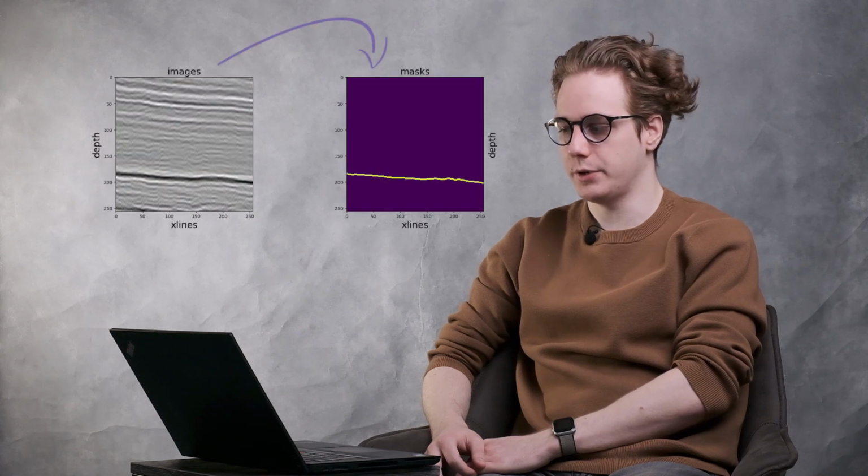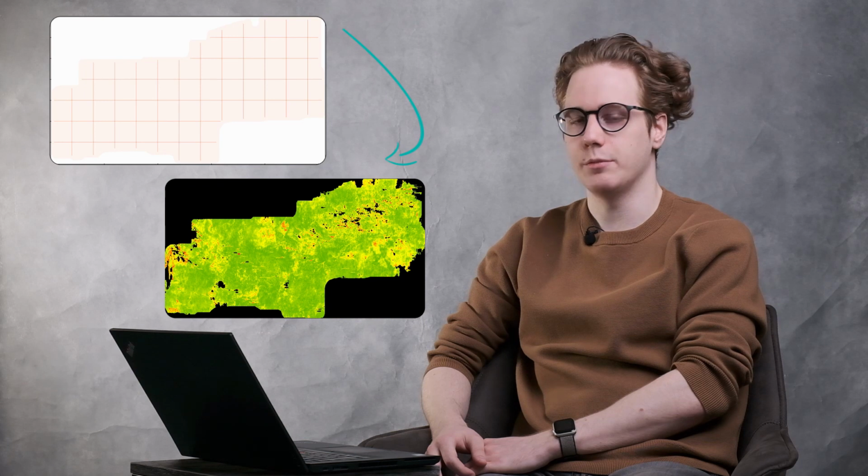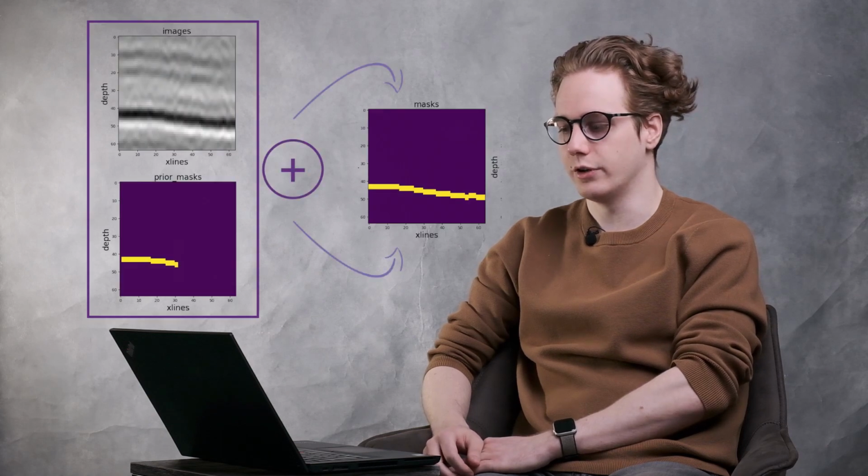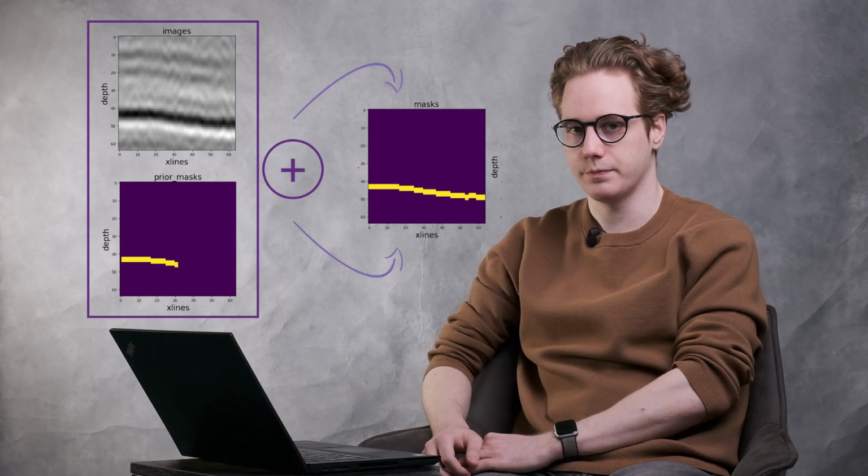By now, we have been able to train a model to locate a particular horizon on raw seismic data. We used labels along a sparse carcass as a training dataset and have been able to predict the same horizon on the entire field. To eliminate holes and other small flaws, we apply an additional neural network as a post-processing step.